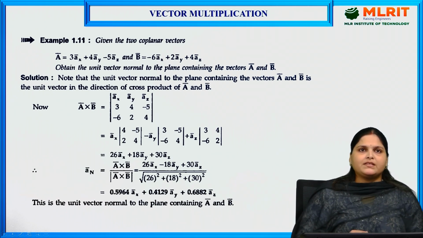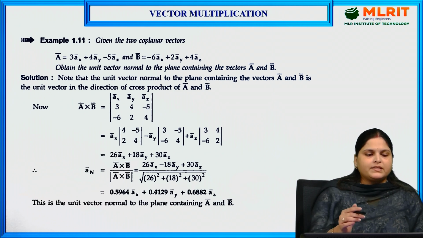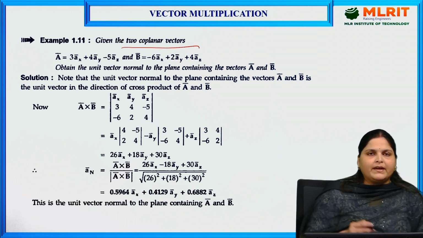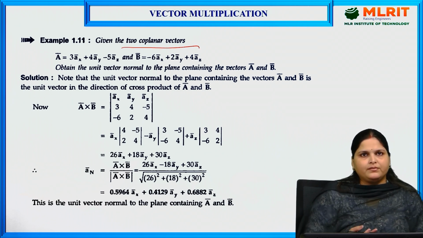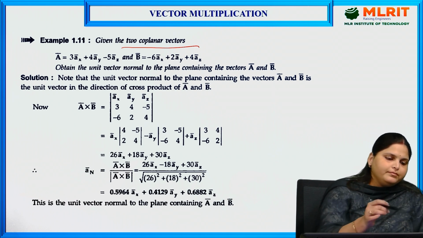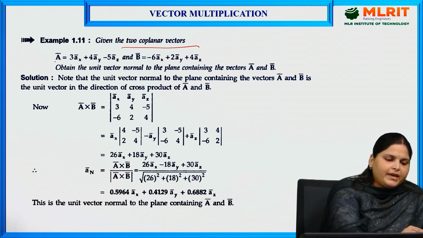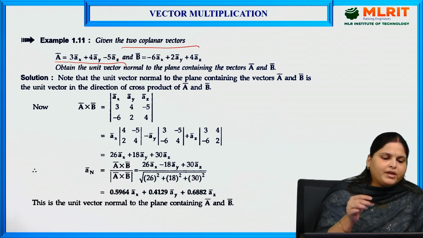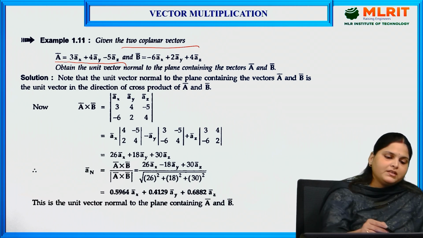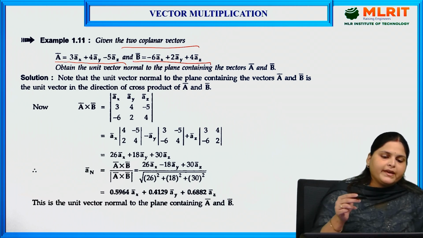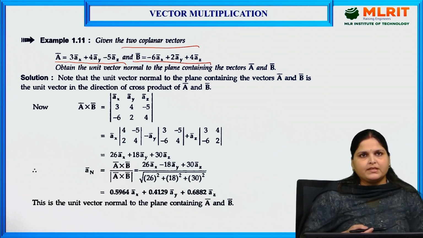Let's take one example. Let us take two coplanar vectors, meaning they are on the same plane. A is given as 3ax plus 4ay minus 5az and B is given as minus 6ax plus 2ay plus 4az.